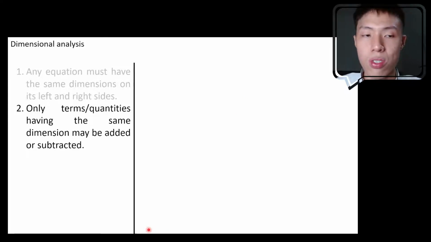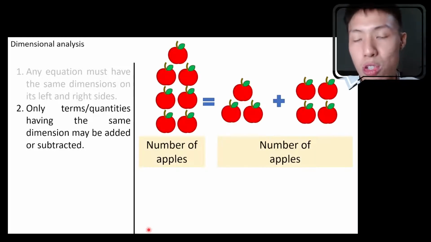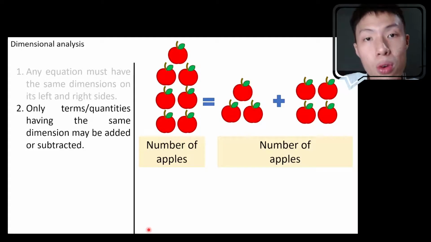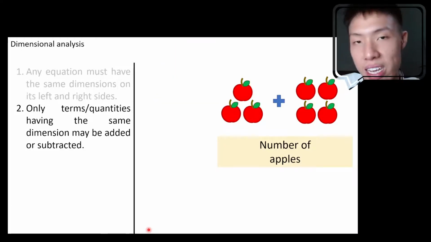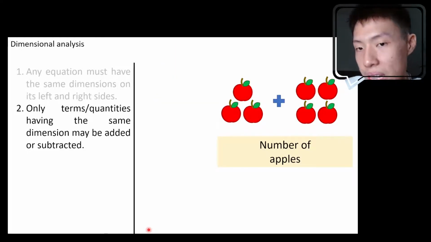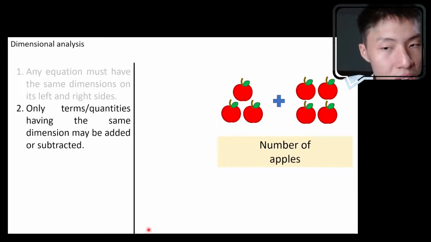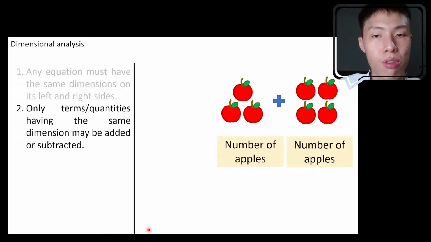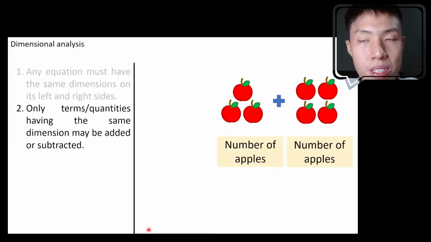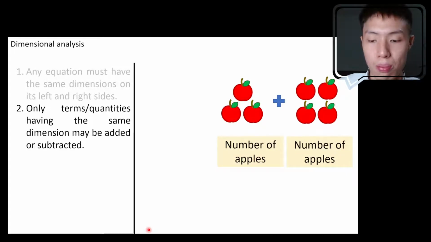Only terms or quantities having the same dimension may be added or subtracted. So if we use the same example, but focus only on the right hand side of the equation: 3 apples plus 4 apples, the 3 apples is measuring number of apples, and the 4 apples is also measuring number of apples.